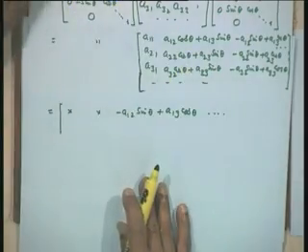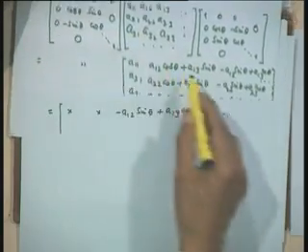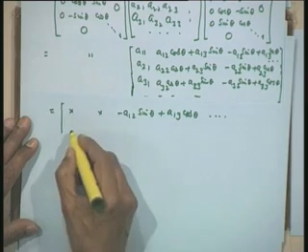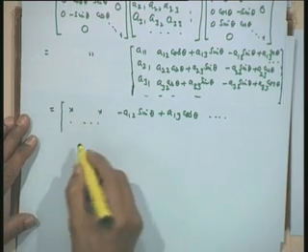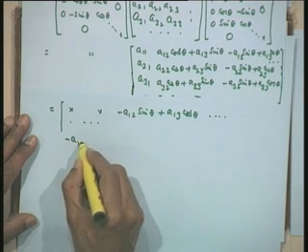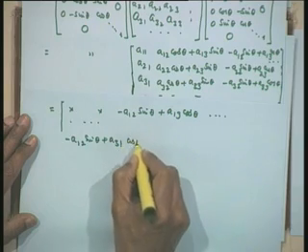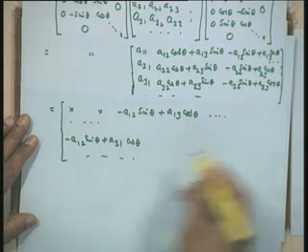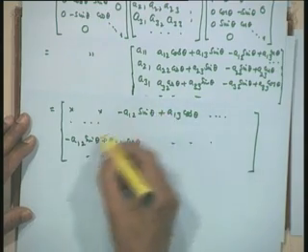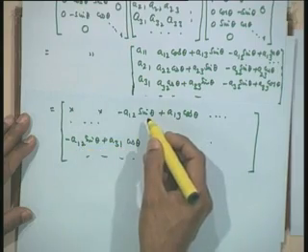The first row is simply 1 0 0, so I am multiplying this with this one. If you look at this third element here, again I will have minus A 2 1 sin theta plus A 3 1 cos theta. We do not need any other elements, we need only this element, because of symmetry we know these two locations are the same, the A 1 3 location and the 3 1 location will identically be the same.